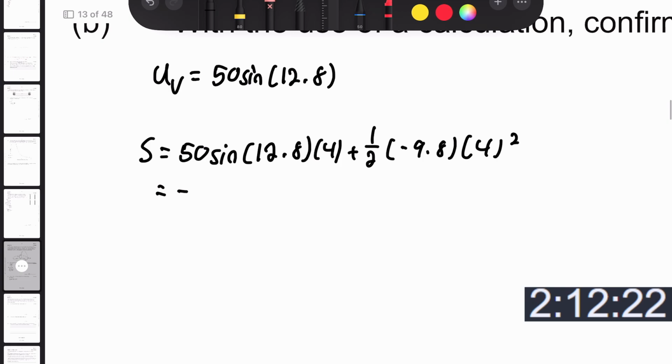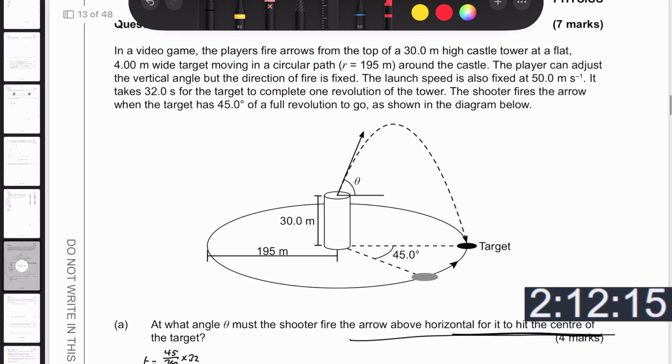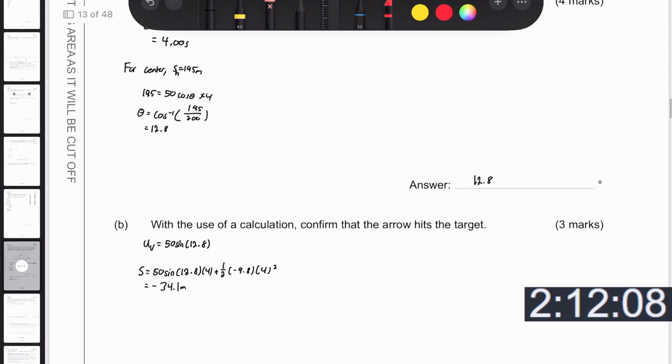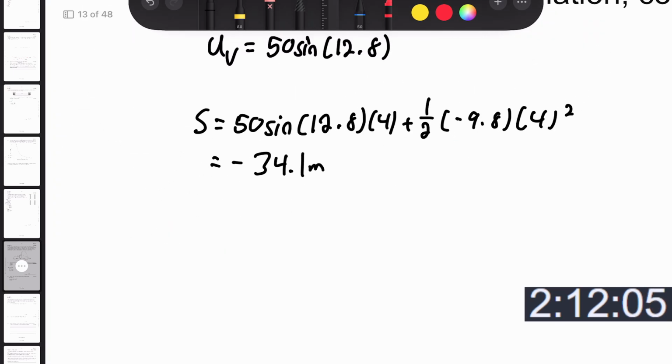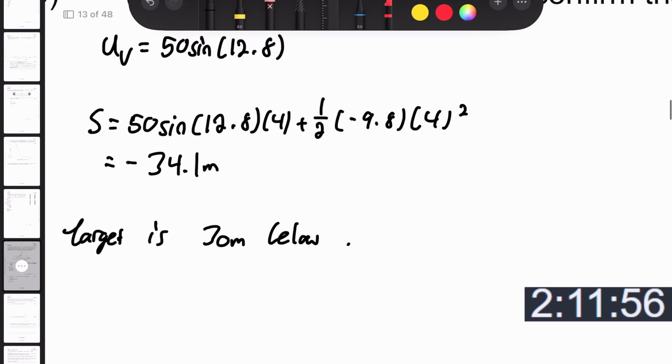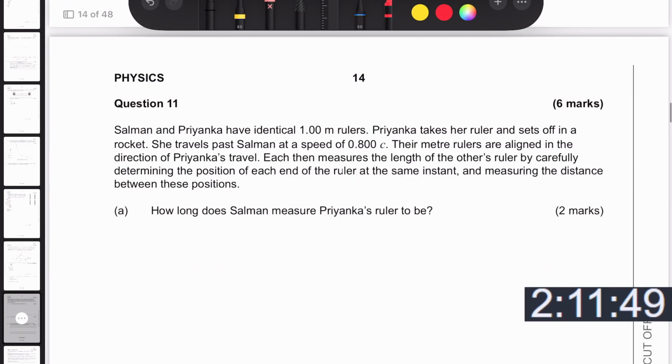So it's negative 34 meters though. 34 meters. Negative 34 meters. I'm just going to say target is 30 meters below. Therefore, hits target. I don't know. I'm not sure how that's going to work.